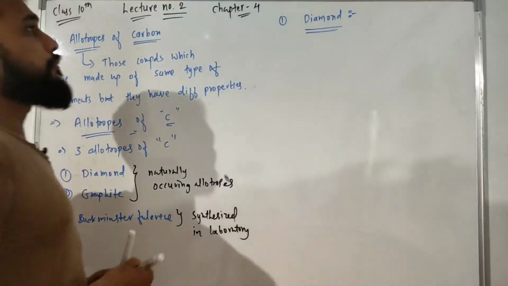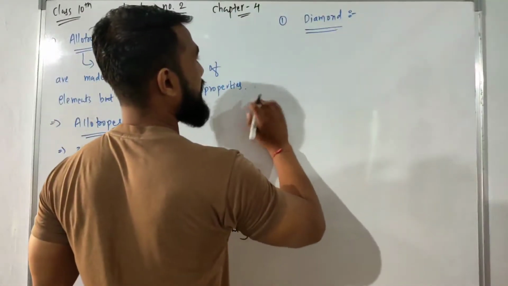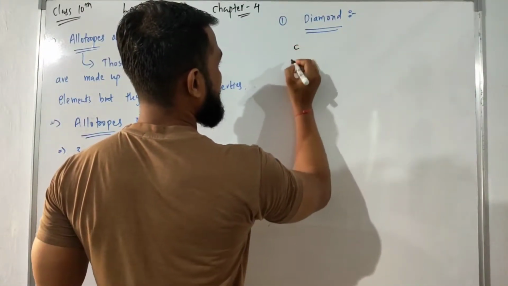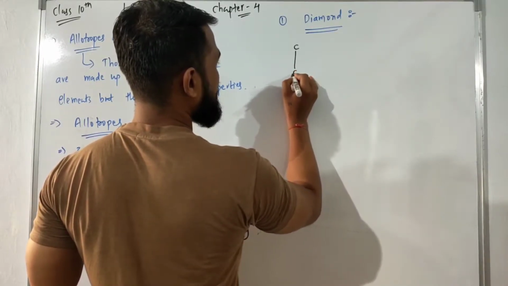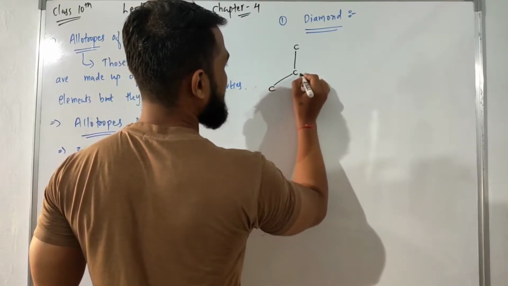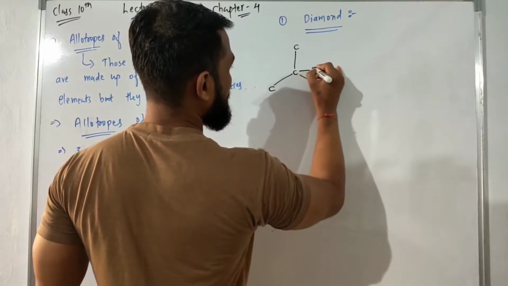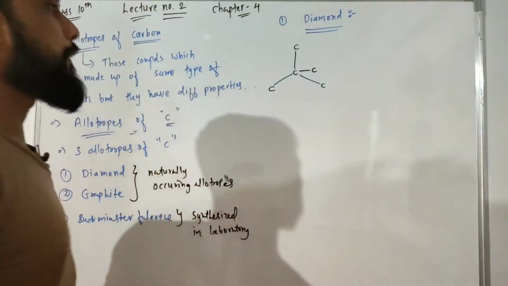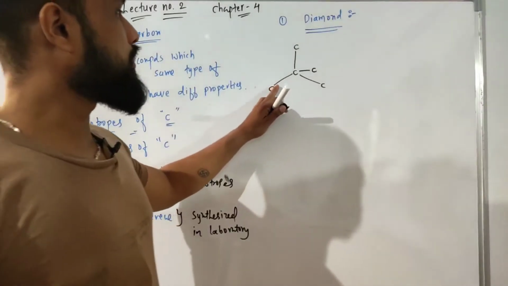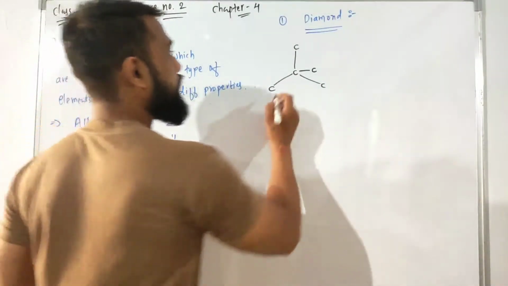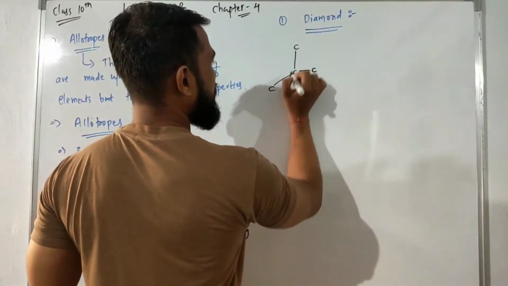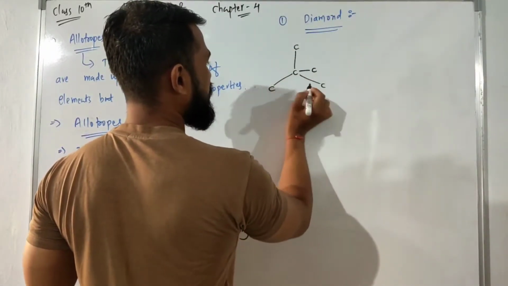Now I am drawing here the structure of diamond, where one carbon is attached with other three carbon like this. You also write down a dot here instead of carbon. That is 4 carbon, one carbon is attached with 4 carbon.